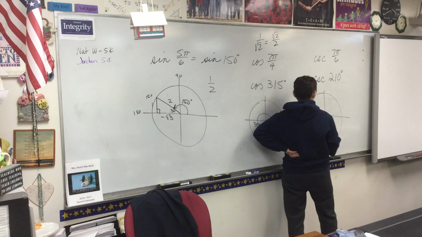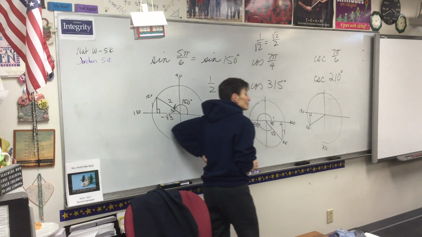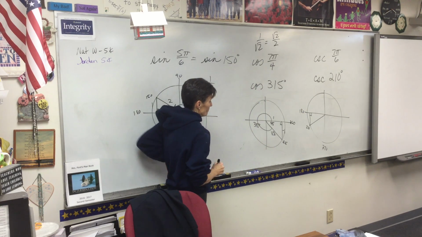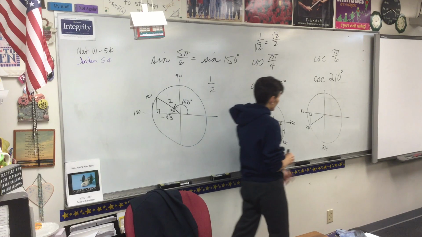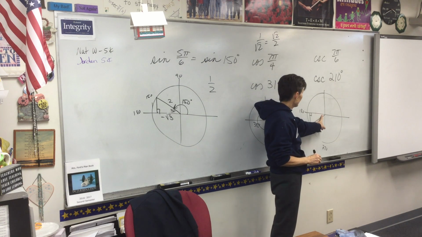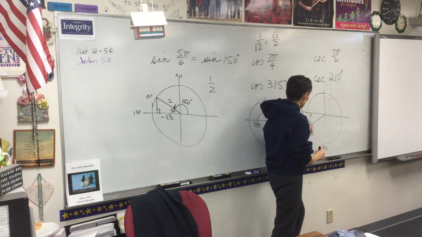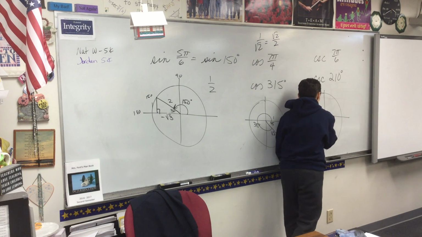Here's 180, here's 270, so 210 would be right here. Maya, how big is this angle right here where I'm pointing? 30. Yep, you're going from 180 to 210, so that's a 30.